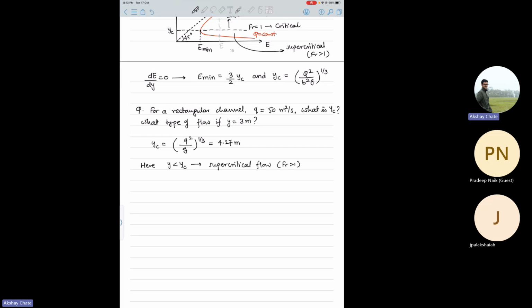So basically, a hydraulic jump, again, is nothing but the analogous physical phenomenon to shock waves in compressible flow.